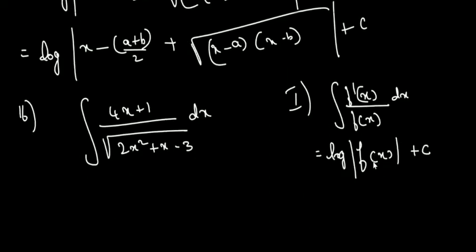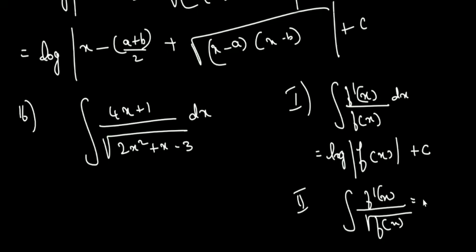The same way, if you have f dash of x in the numerator and root of f of x in the denominator, where the derivative is of f of x without the root, then we can straight away write the answer: it is 2 times root of f of x.